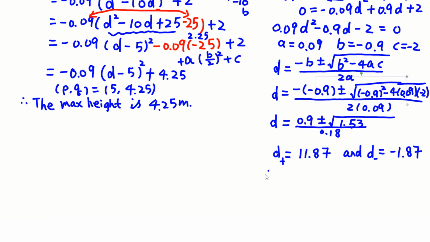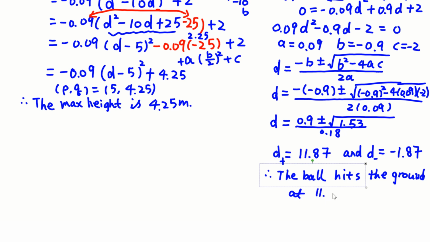So the answer will be the ball hits the ground at 11.87 meters from the player. So this is done for question B.